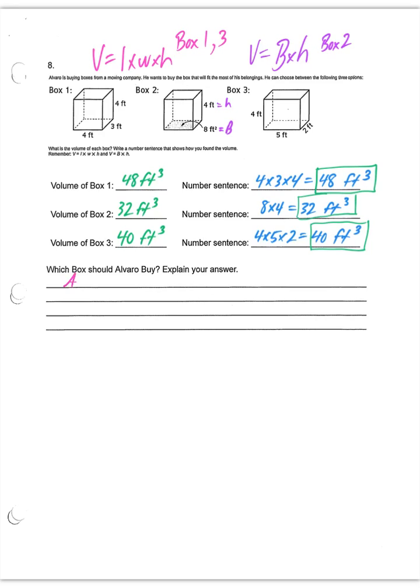So Alvaro should buy box. Look up here, which we have 48, 32, 40. It really wasn't even that close. Box 1, because it has the largest volume.